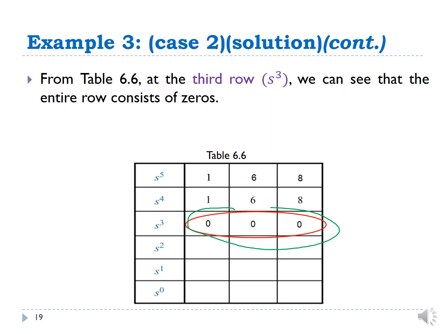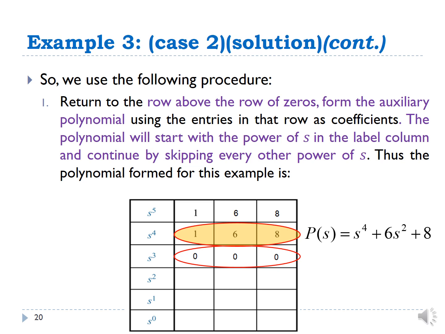In order to complete the routh table, we need to follow some procedures. Then, what are the procedures we need to follow? The first procedure is we need to return to the row above the row of zeros.